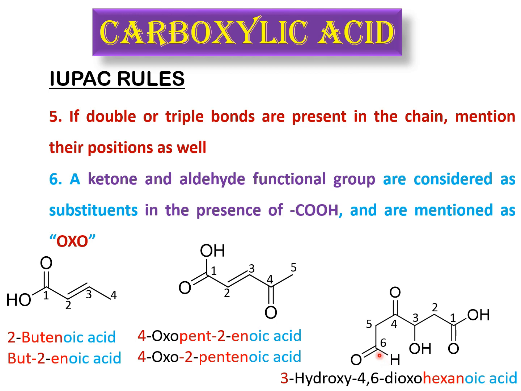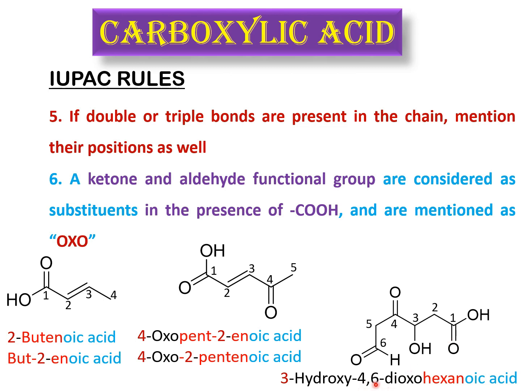So if you have a 6 carbon chain and one of the oxo groups is at 6, it means this oxo at 6 is an aldehyde, and this oxo group at 4 comes somewhere in the center or in the chain, so it's a ketone.